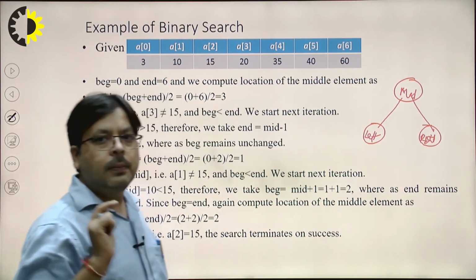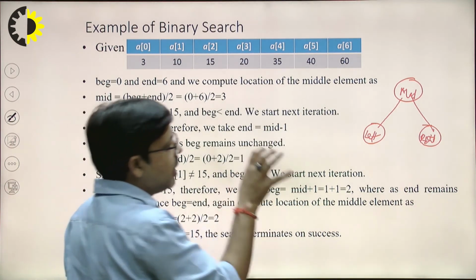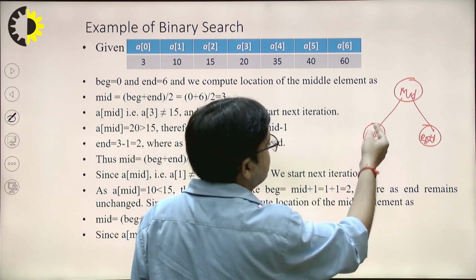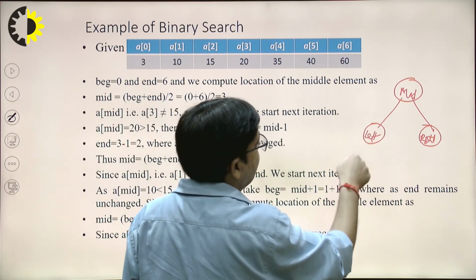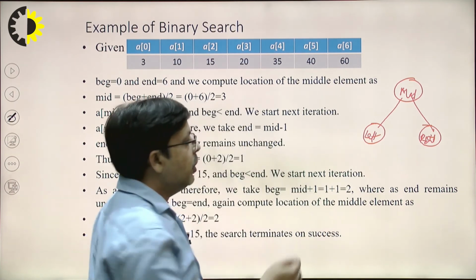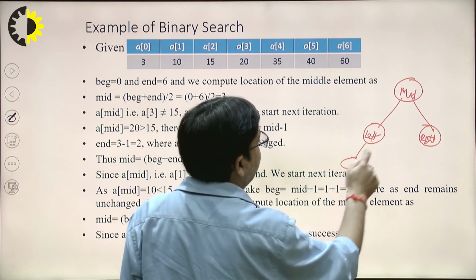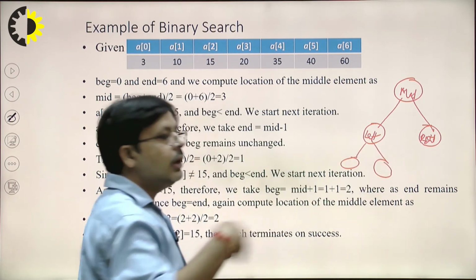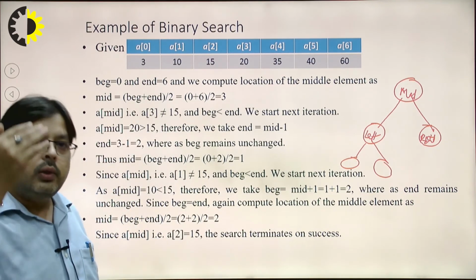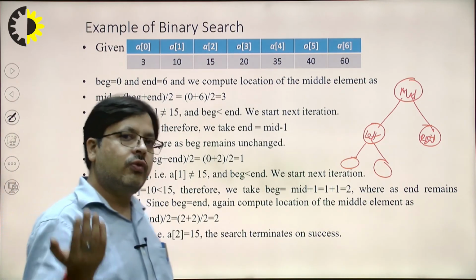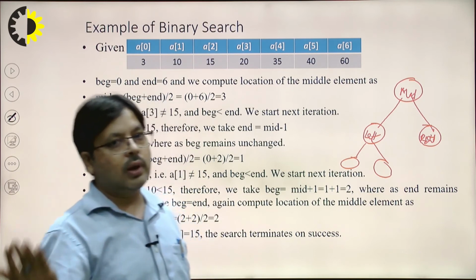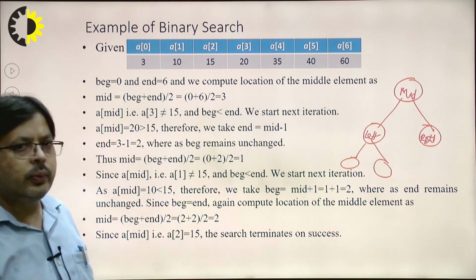Now you may see this is a binary tree, and suppose you go to the left side, then again the whole procedure is repeated, we calculate the mid and left and right. This will continue. In the whole procedure we may go to the left side of the array, or the right side of the array.